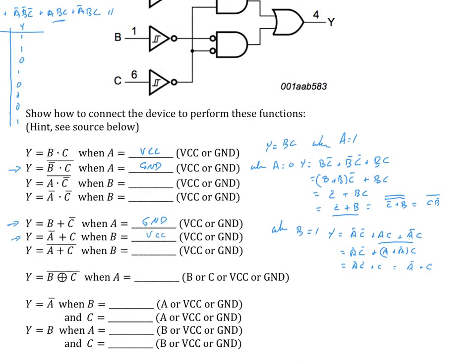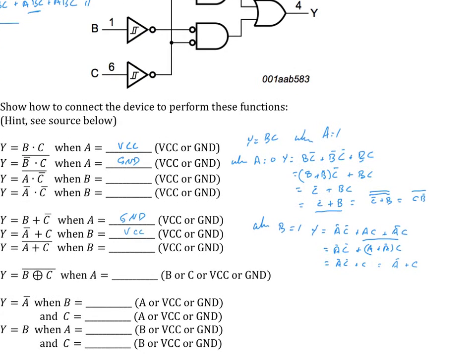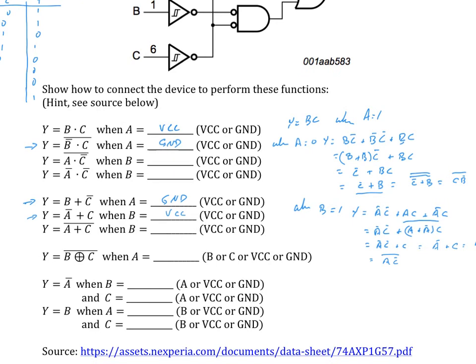And then by De Morgan's law, we get that this is going to be (A C bar) bar. So we can go back here and look for (A C bar) bar, and so that's also when B is equal to VCC.